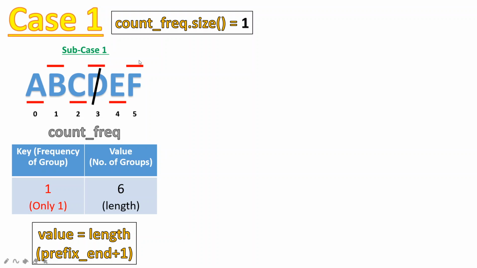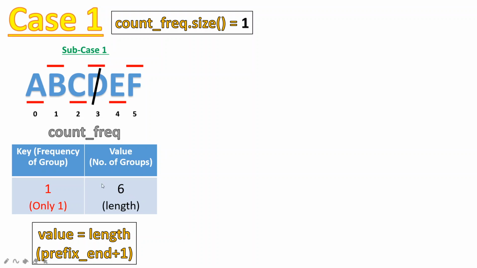This means that this particular prefix array is the answer. And in the count frequency hash map, since the number of groups is equal to the length, the value of the count frequency is equal to the length, that is 6, in this example.